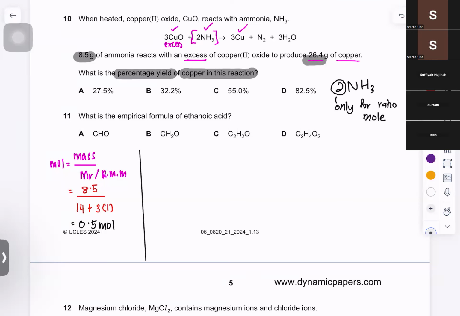Now you need to do the ratio. 2 mole of ammonia, NH3, will produce 3 mole of copper. We get this 2 and 3 from the chemical equation, so this is what we call theoretical.